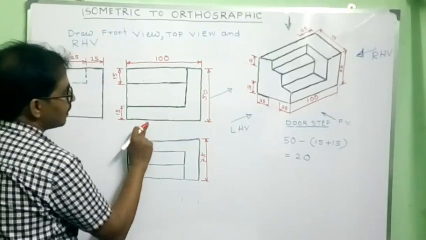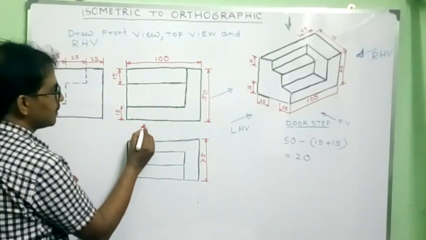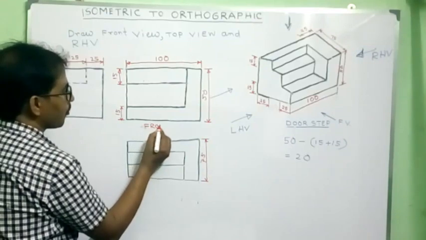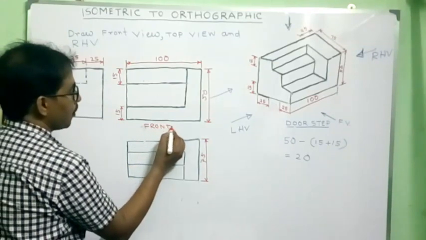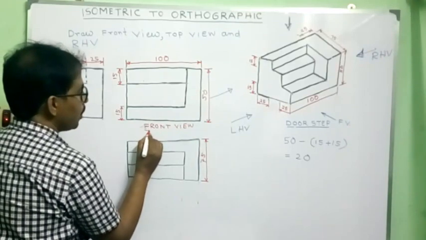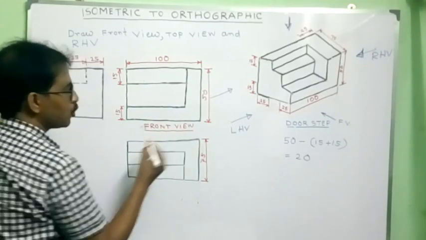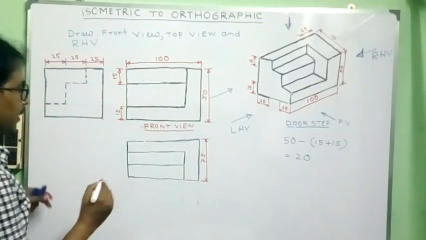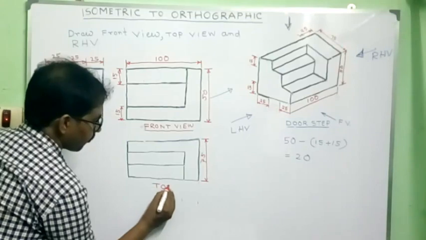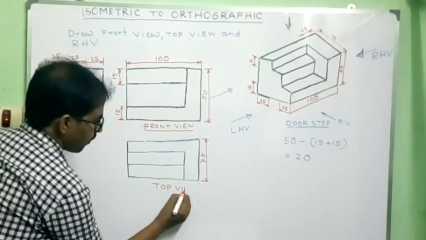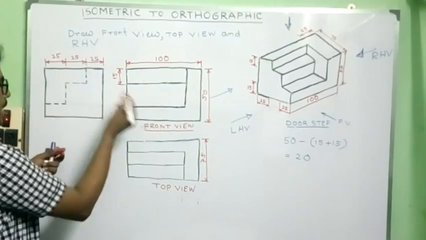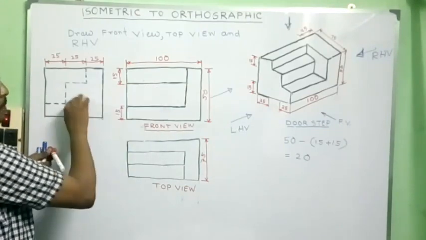Now we write the text. This is the front view. Front view text height is 3 to 4 millimeter. This is the top view. In first angle projection, the right hand view is on the left side of the elevation.